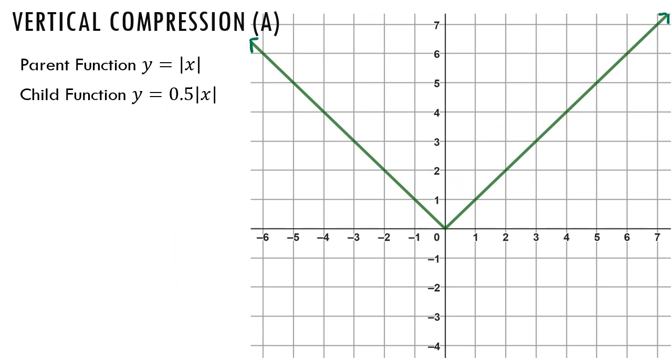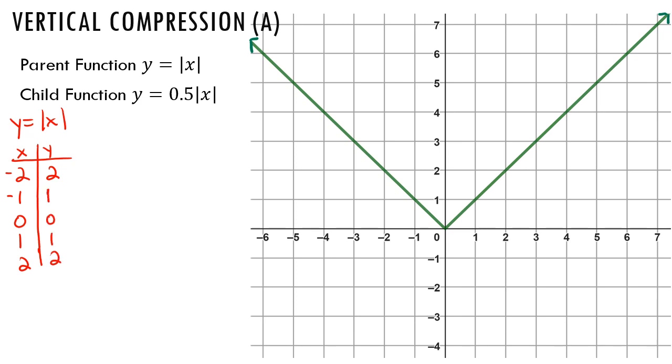So then if we look at what else a can do, let's take a look at this 0.5. So if I go once again with that original parent graph, I use those same points. All right.